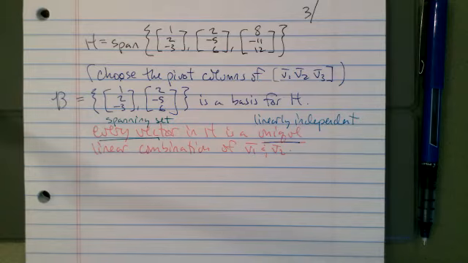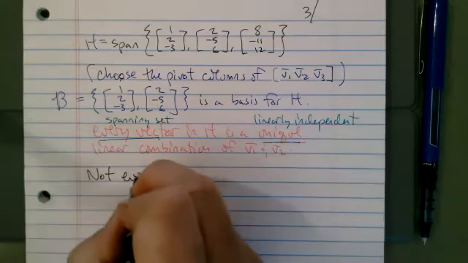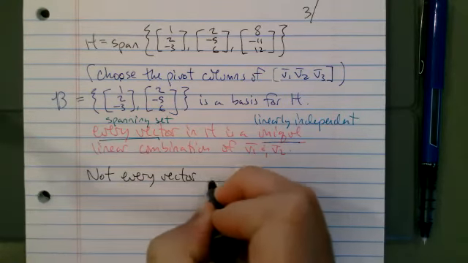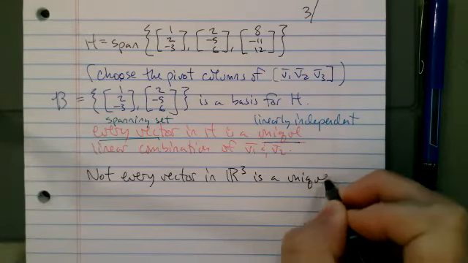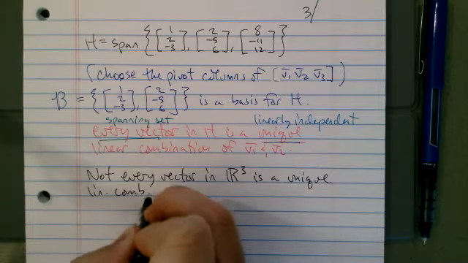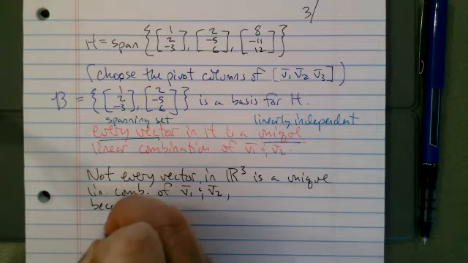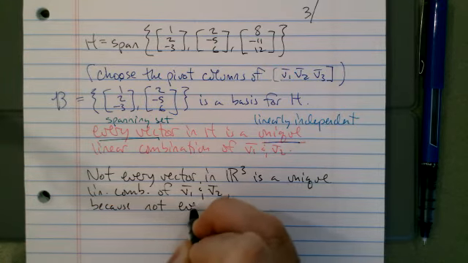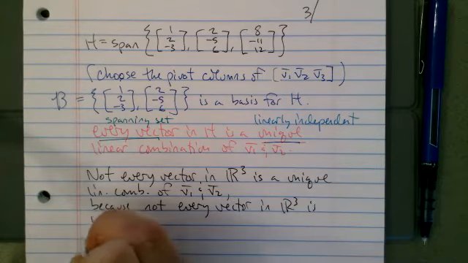Not every vector in R3 is a unique linear combination of these two vectors, because not every vector in R3 is in H.